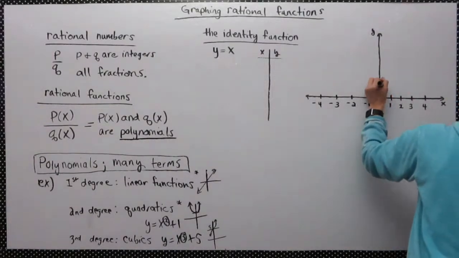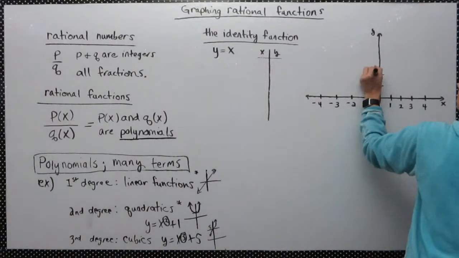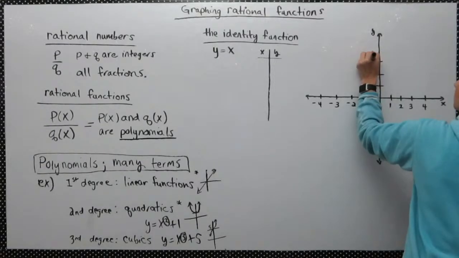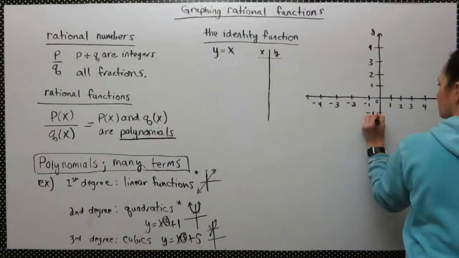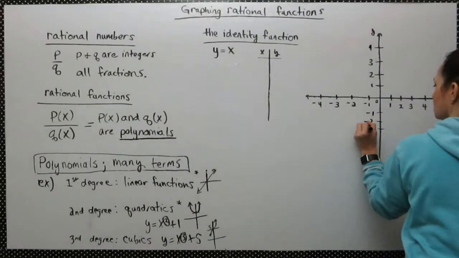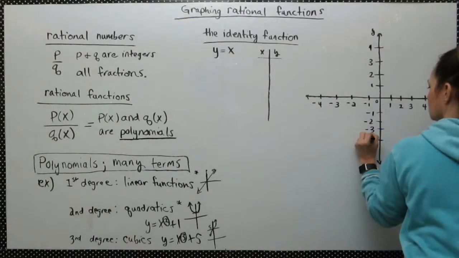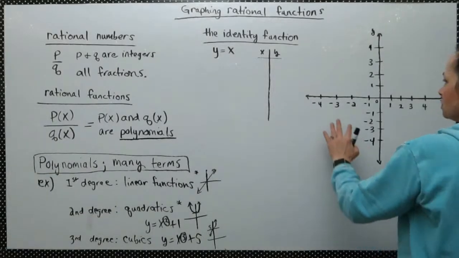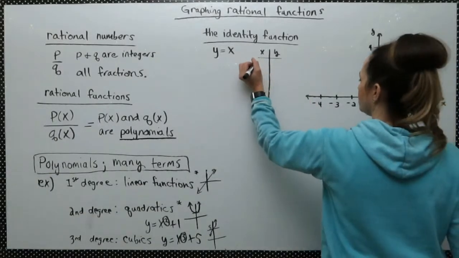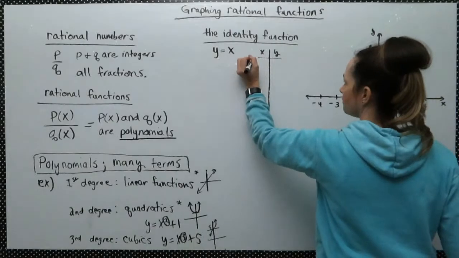And then we'll do the same here, 1, 2, 3, 4, -1, -2, -3, -4. All right, so all we're going to do is pick values in our domain, and we're going to sketch the graph of this identity function.